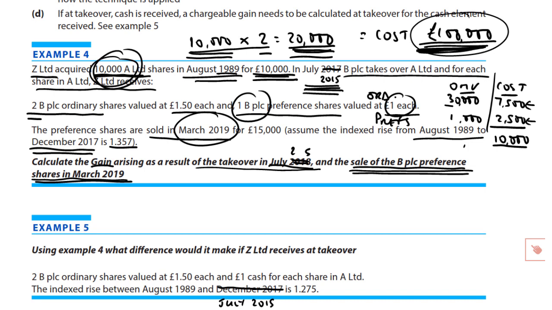So you know the proceeds. So you then expect to see somewhere the cost of those shares that you can then index through to December 17 and then calculate the gain.